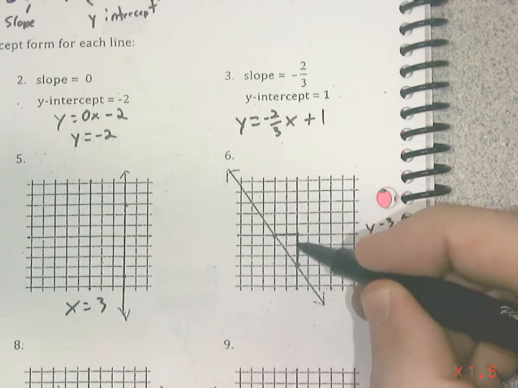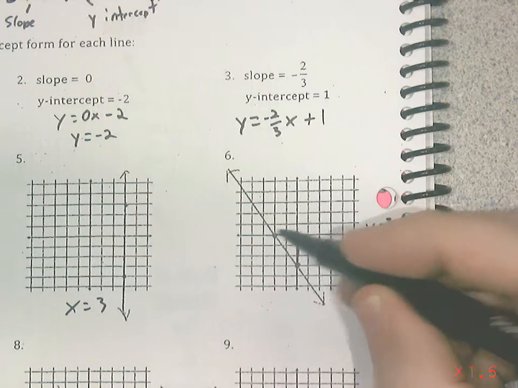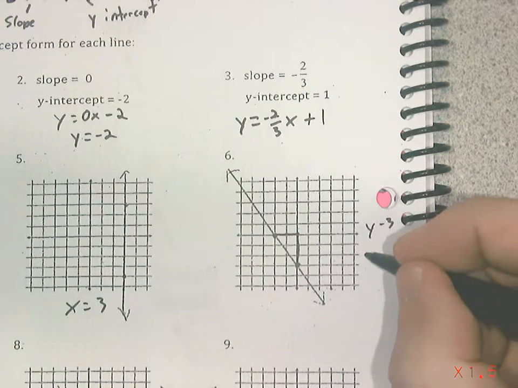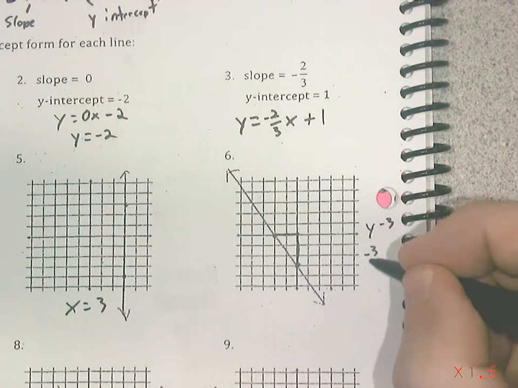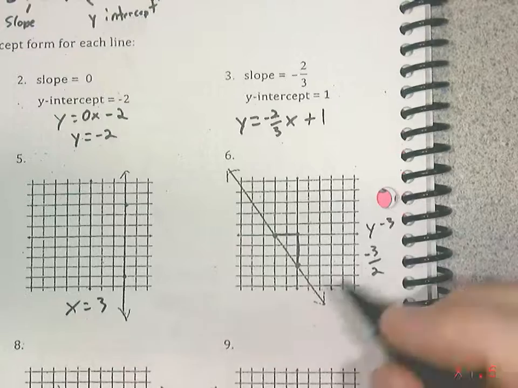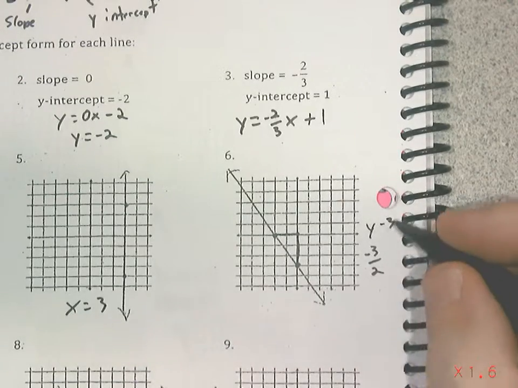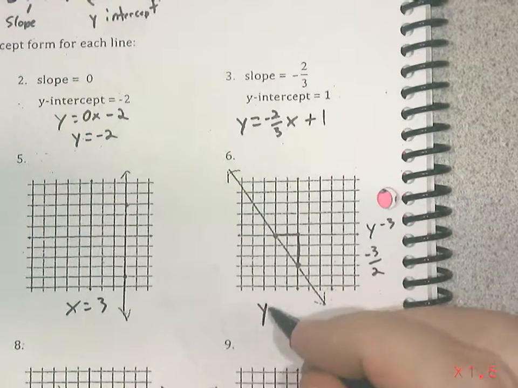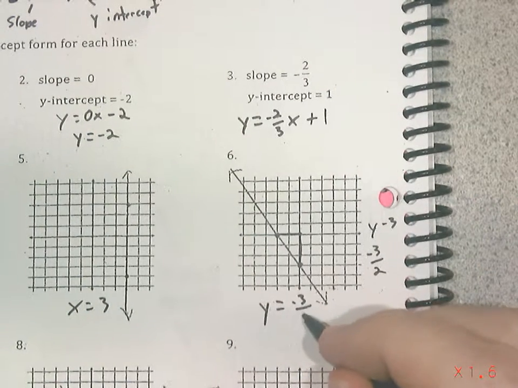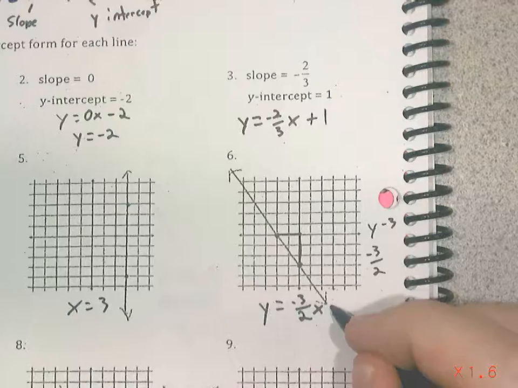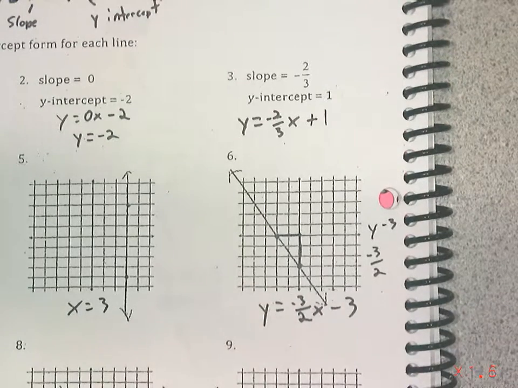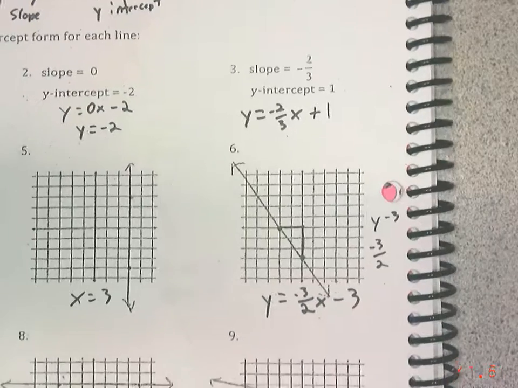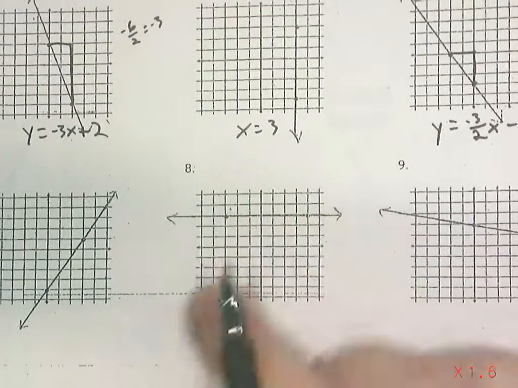Looks like it's going down 1, 2, 3, and over 2. So the slope would be negative 3 over 2, because it's rise over run, right? So that's my y-intercept, that's my slope. My equation would be y equals negative 3 over 2x, and then a minus 3 at the end, because it's a negative 3.